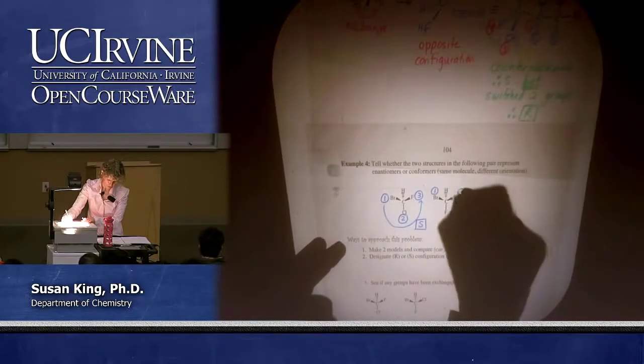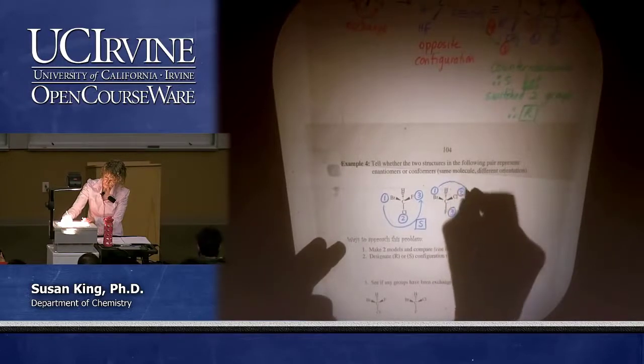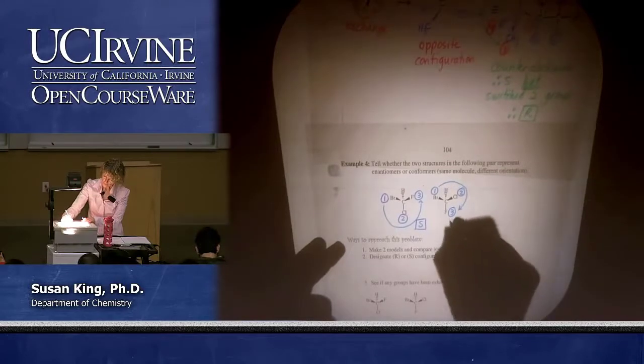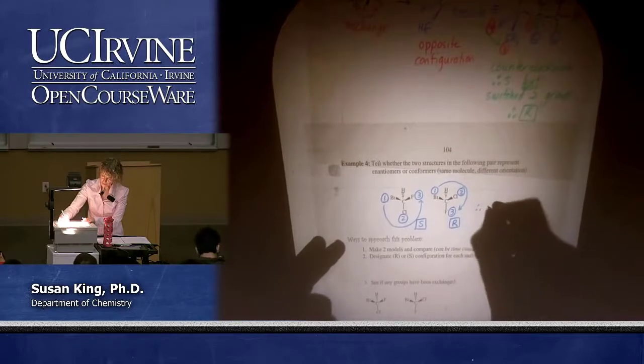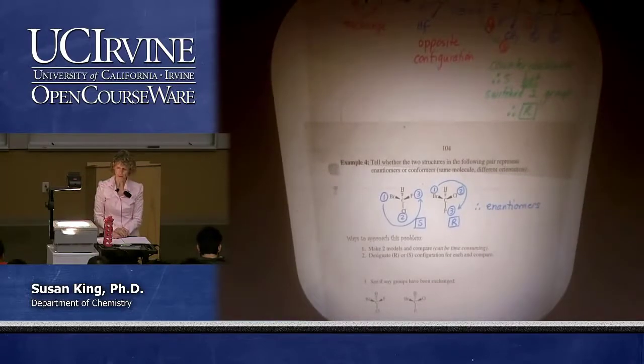Bromine's number 1, chlorine's number 2, fluorine's number 3. That's R. So therefore, they're enantiomers. Opposite configuration, they're a pair of enantiomers. So this is designating R/S configuration to each and comparing.